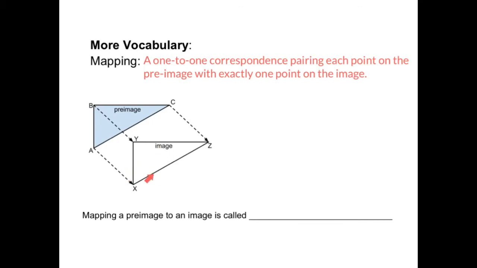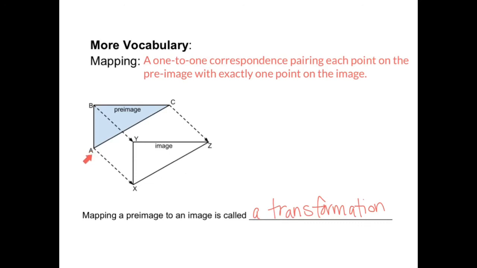Mapping a pre-image to an image is called a transformation. So let's go ahead and fill that part in at the bottom of your page. The transformation refers to all three: translation, rotation, and reflection. Actually there are even more of them, but these are the three where the size and shape do not change.